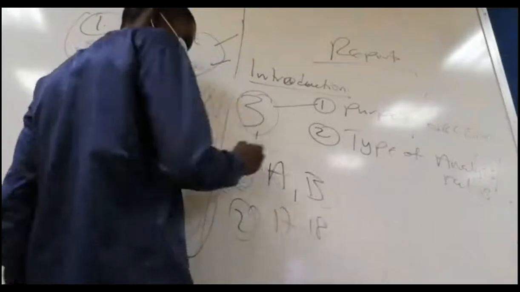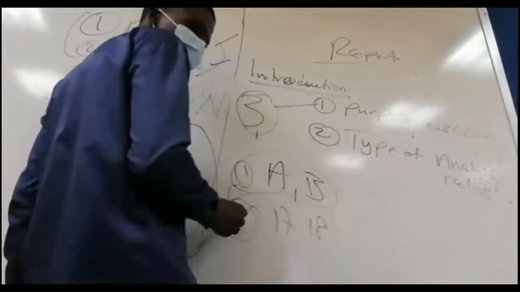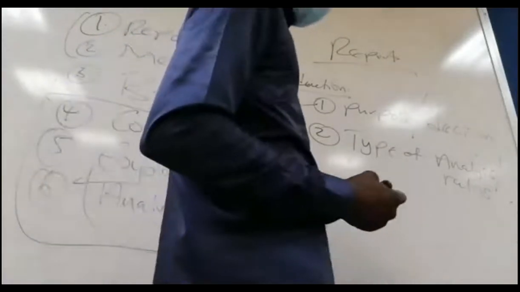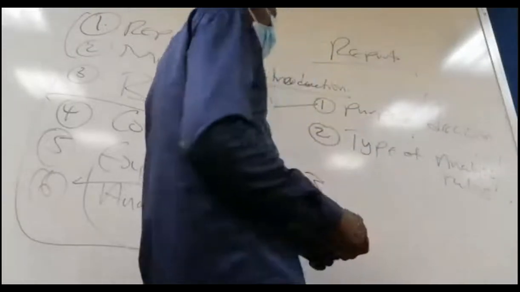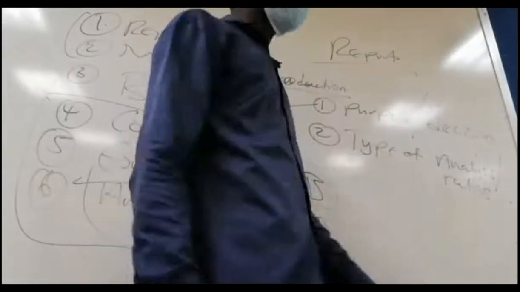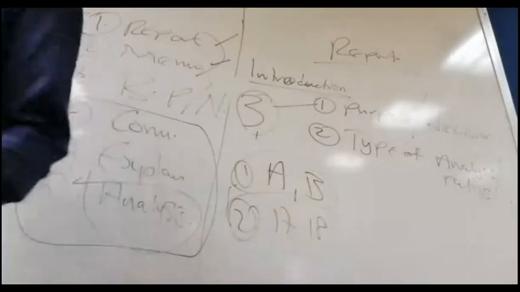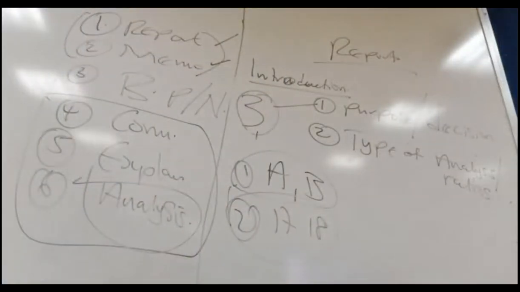Let's assume scenario A and then scenario B. How do you write the report? You tell the examiner that the analysis will be based on what? Intercompany comparison, if you see two companies.